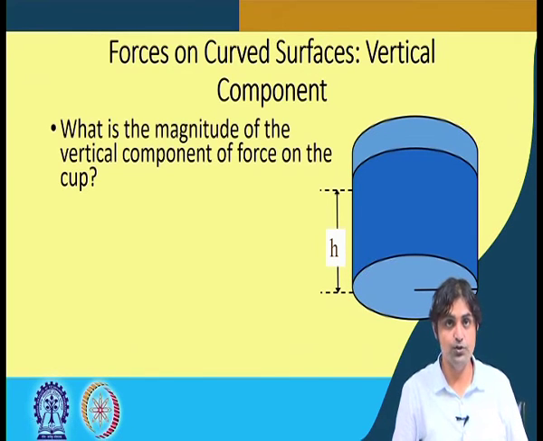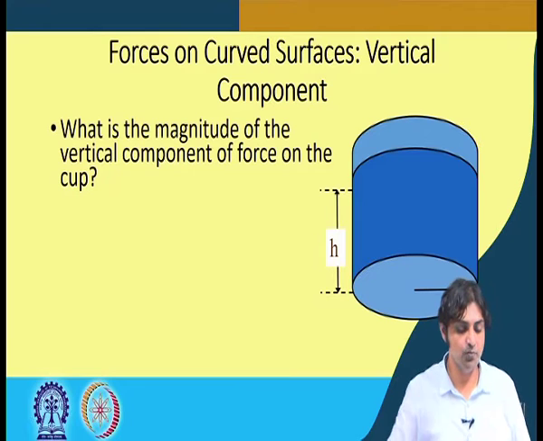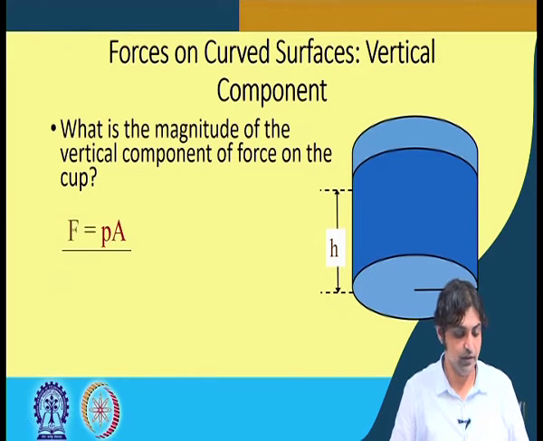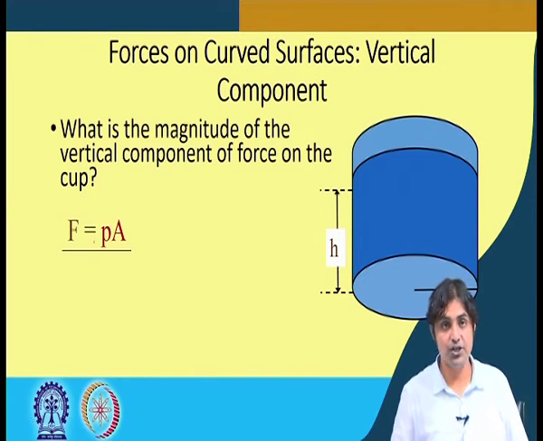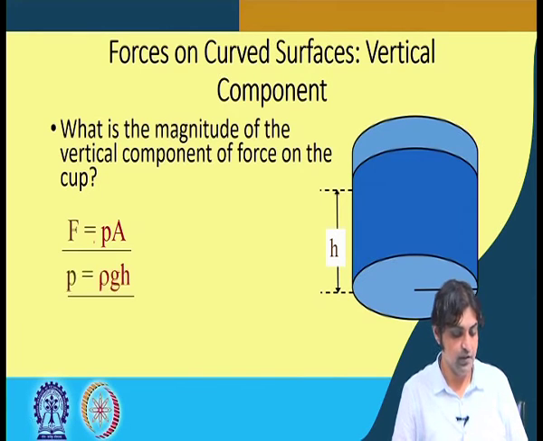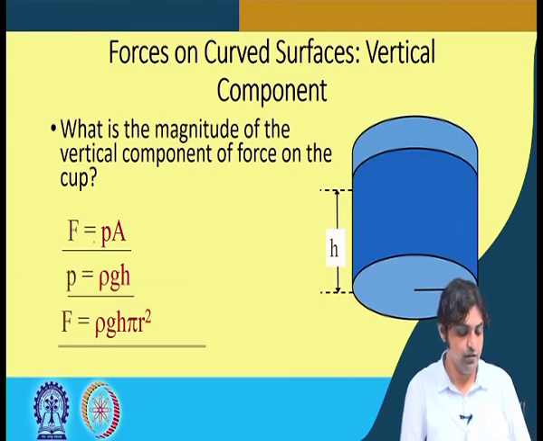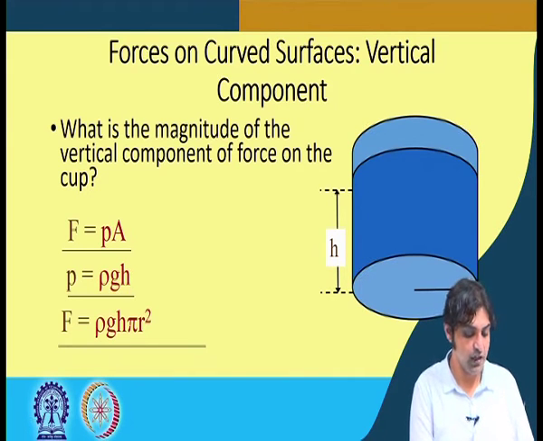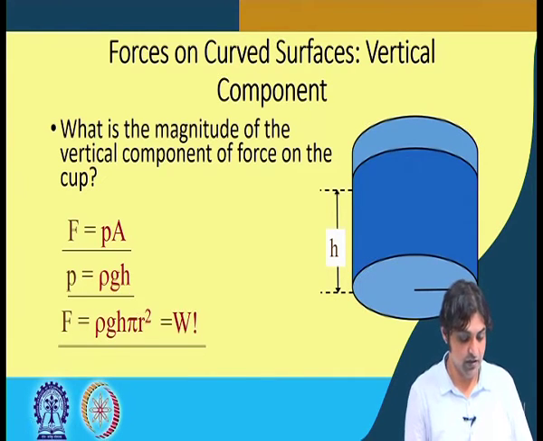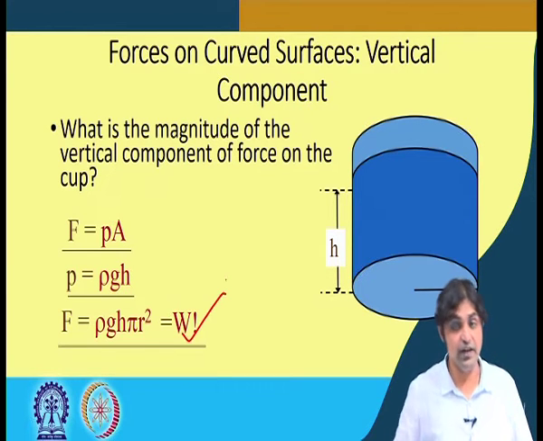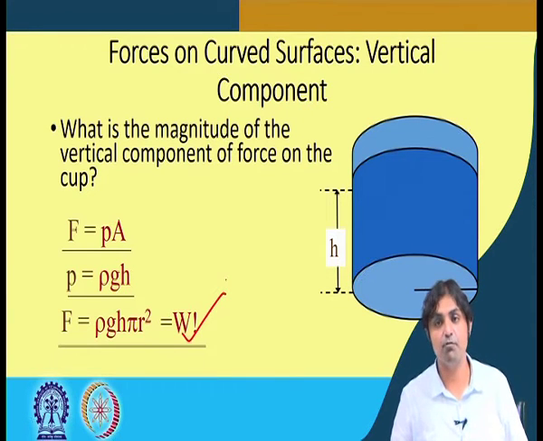My question to you is, what is the magnitude of the vertical component of force on the cup? Tell me. Force is pressure into area, correct? Pressure is rho g h, right? Area is pi r square, and this actually is the weight of the liquid supporting it. So that will be the vertical force.